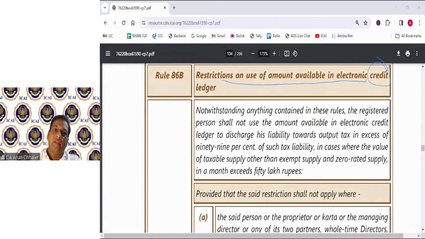In the GST, this is the only rule where there is some restriction on ITC that you cannot use for discharging the liability. You have to pay 1% in cash. When?